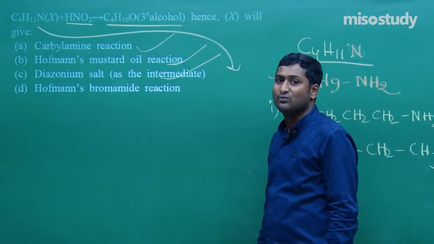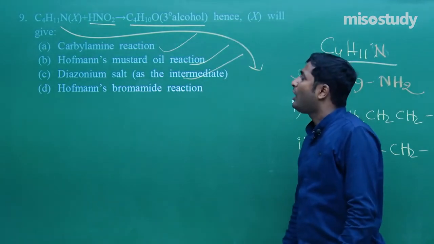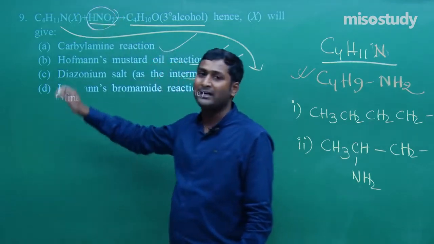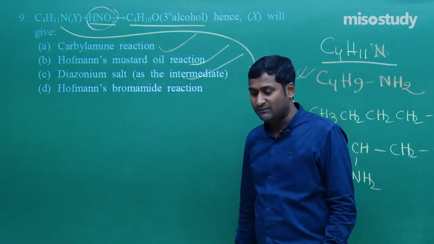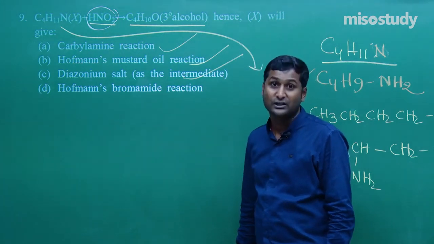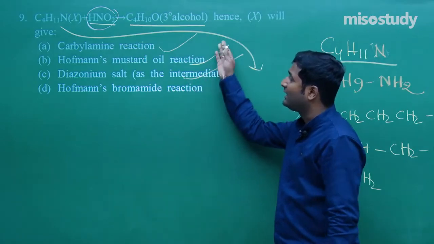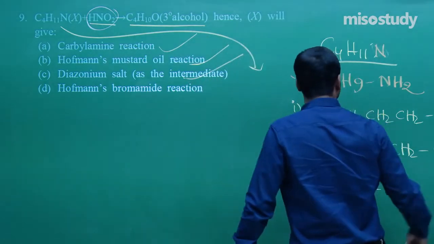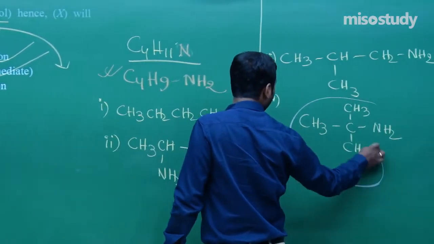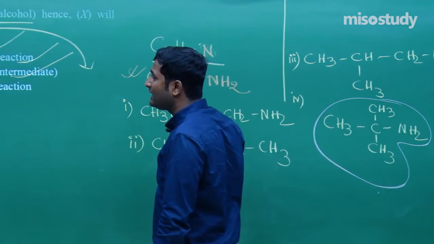in this case we can say it is a primary amine, giving carbylamine reaction, Hofmann bromamide, because with HNO2 if there is a 2-degree amine, that is the green oil. If there is a 3-degree amine, there is formation of a salt. I have discussed all these things, how to differentiate 1 degree, 2 degree and 3 degree. So if there is a primary amine, it can give you carbylamine reaction. If this pattern combines with HNO2, then there is formation of a 3-degree alcohol.